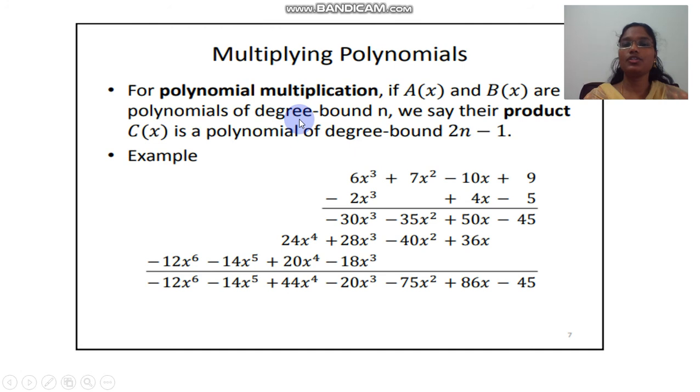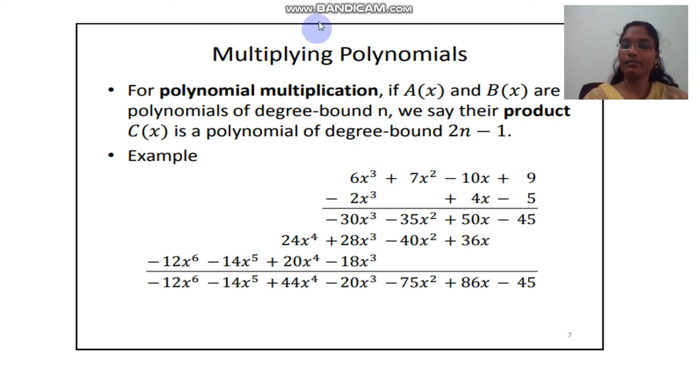In general, what we say is if a of x and b of x are polynomials of degree bound n. What is degree bound n? Any value greater than the degree. In a of x and b of x, the degree is 3, so the degree bound must be 4 or greater.